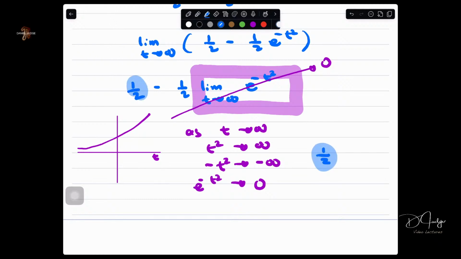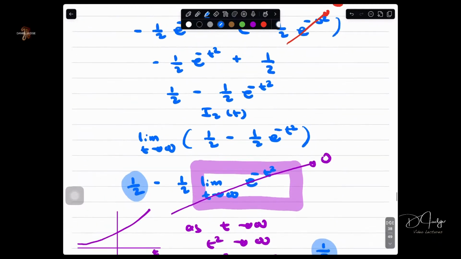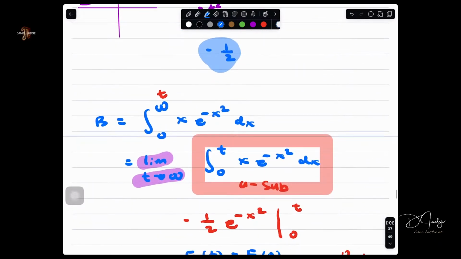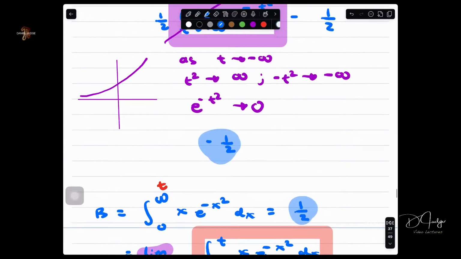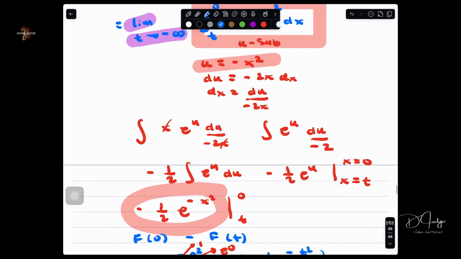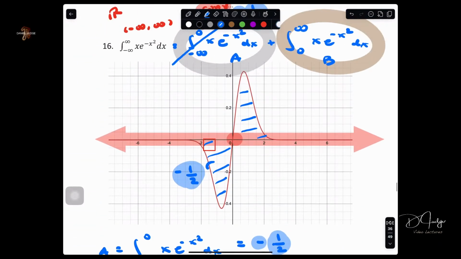Because this is the constant that's there. That's the 1/2 we're talking about. So this equals 1/2. So we have this improper integral b equal to 1/2. And if we go back to that picture now, that makes a lot of sense because this is a positive 1/2.